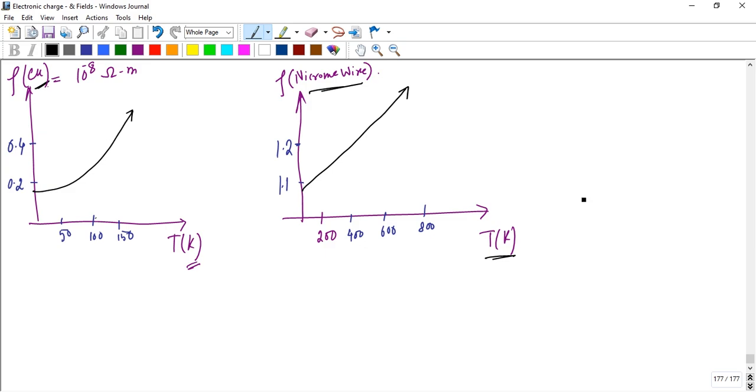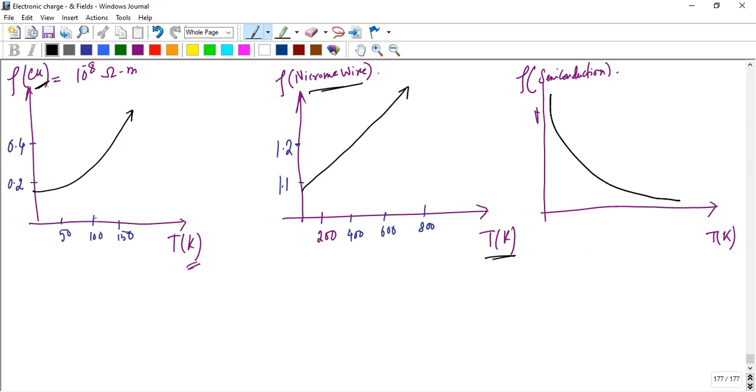Suppose now it is a semiconductor. Another is the semiconductor. Temperature in Kelvin, but rho now changes, being a semiconductor, suppose a silicon diode or any other semiconductor device. So here the graph looks like this.